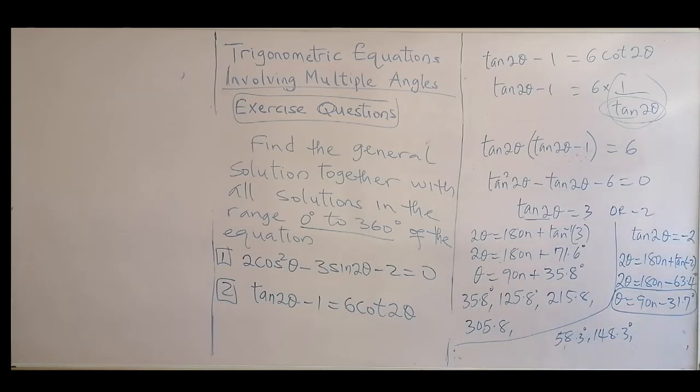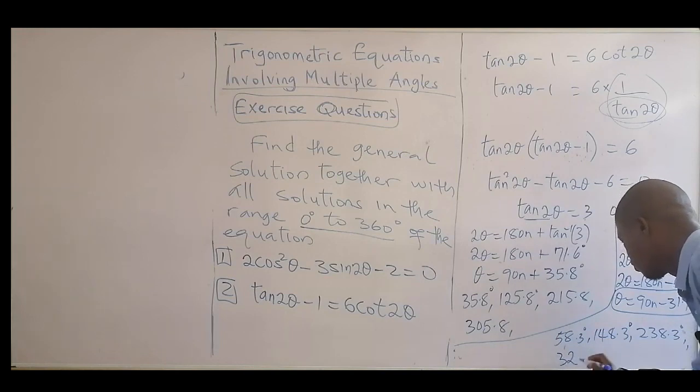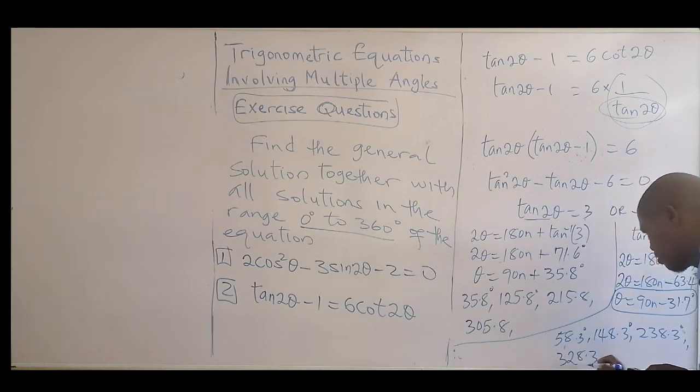N is 3, that's 270 minus 31.7, that's 238.3. N is 4, that's 360 minus 31.7, that's 328.3. N is 5, 450 minus 31.7, which will be outside the range.